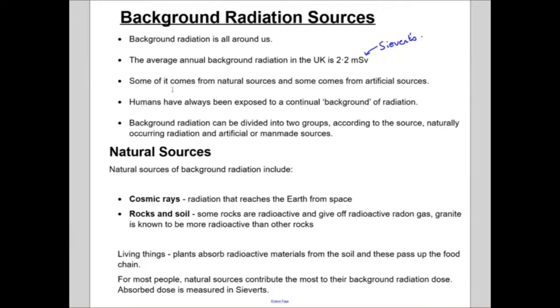Now, where do they come from? Some of it comes from natural sources and some comes from artificial sources. So for the background radiations, you have some natural sources which are radioactive and produce radiation, and some of them are artificial sources.